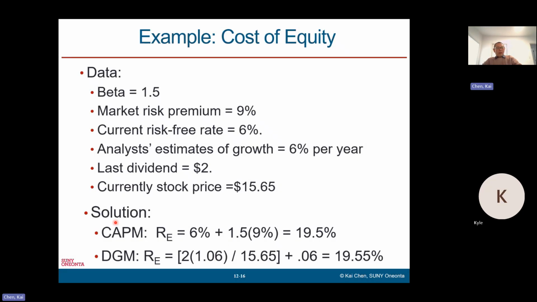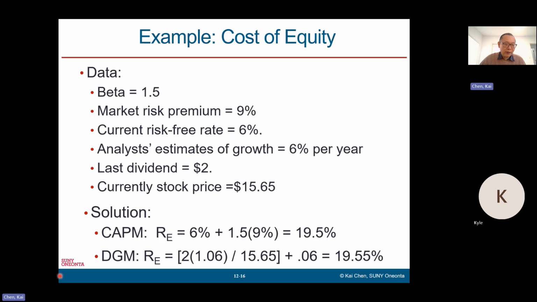Now let's look at an example. For a company's equity, we know this information. The company's beta is 1.5. Also, we have estimated the market risk premium, that is 9%.